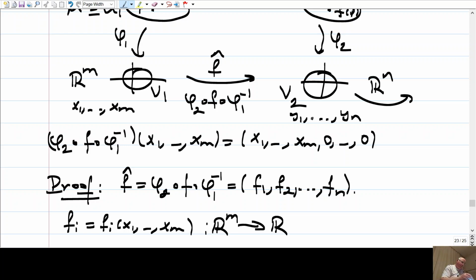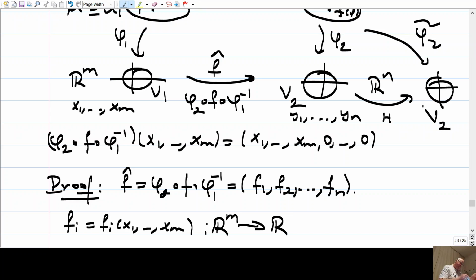By interchanging or permuting the coordinates, I get another coordinate system, a diffeomorphism h, which interchanges these coordinates yi's, and I obtain, let's say, V2 tilde, another one.